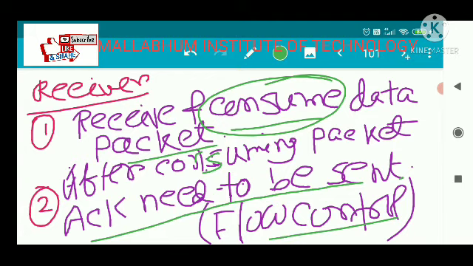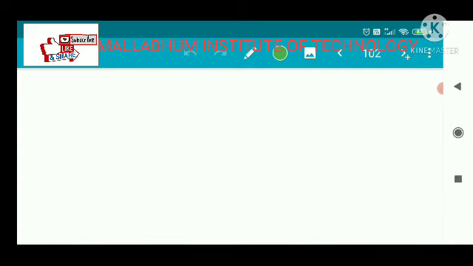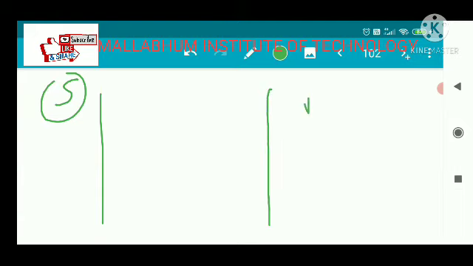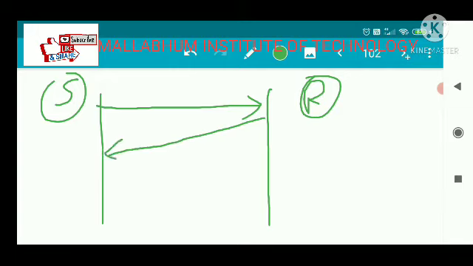Now the stop and wait protocol: you can see this is the sender side and this is your receiver side. A data packet is sent from sender to receiver. This packet is received and processed, and after that the acknowledgement for it is received at the sender side.